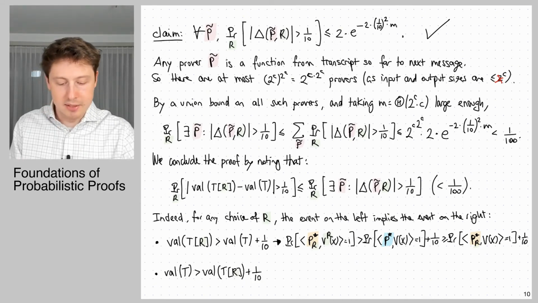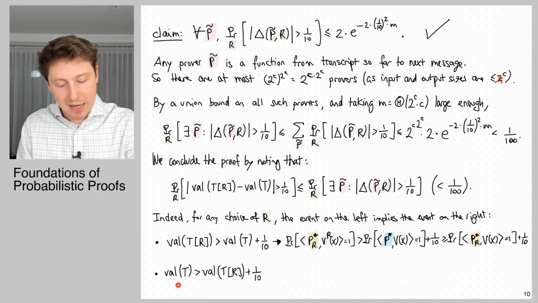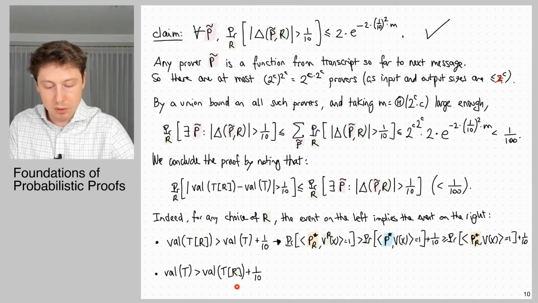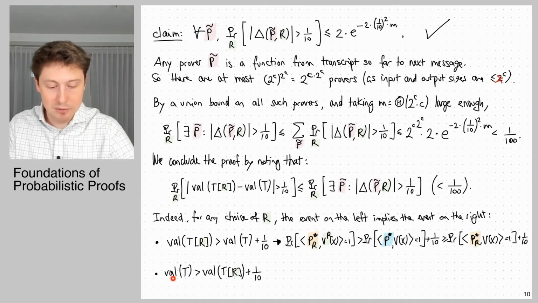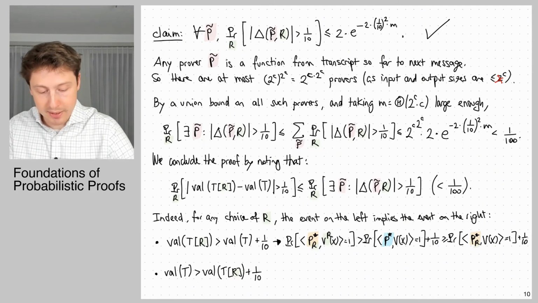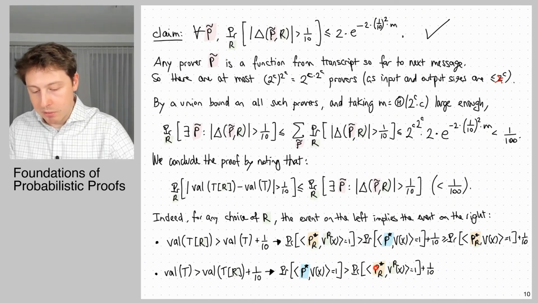And the other case is symmetric. If instead the exact value of the original game tree is greater than the value of the residual game tree plus 1/10, then that tells us that there is some best prover playing the normal verifier that is greater than the best prover against the funky verifier plus 1/10.